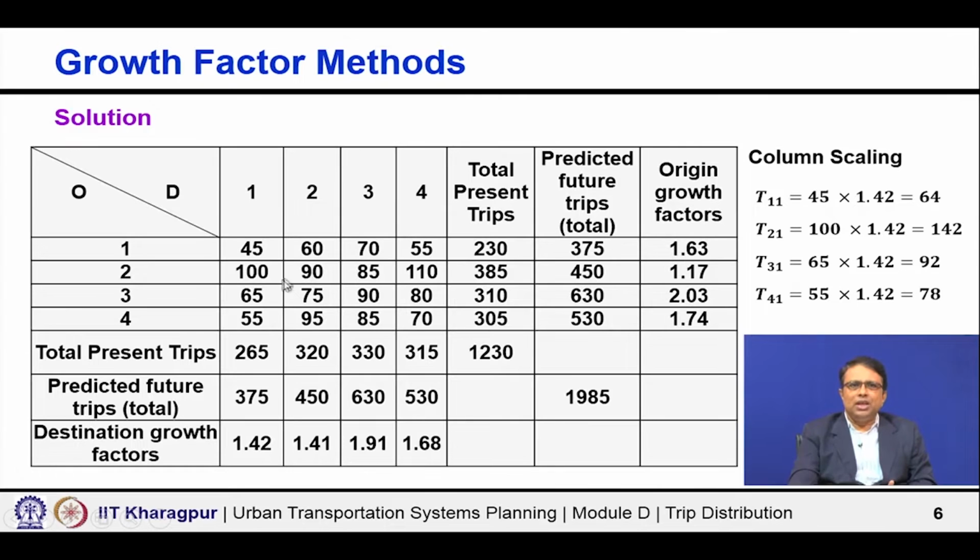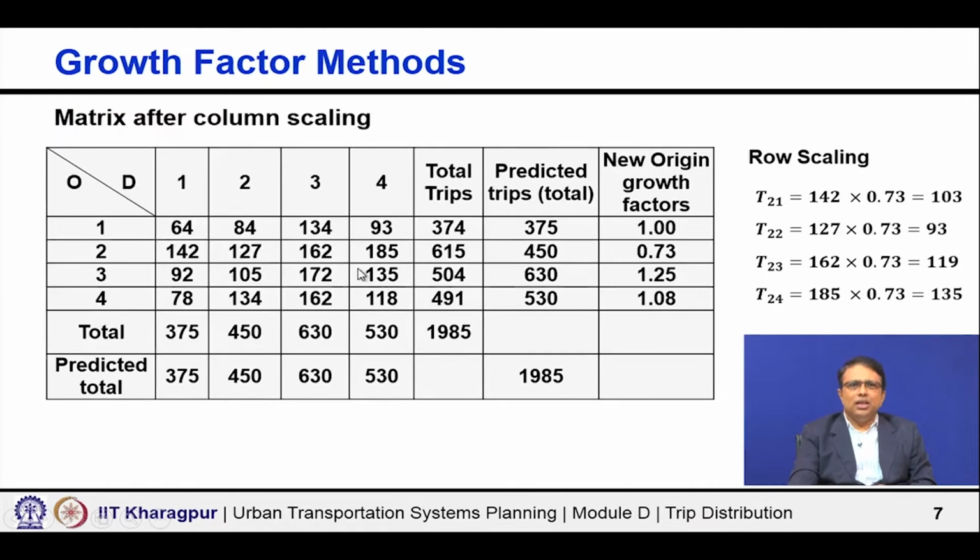What will happen in that case? The column totals for each of zones 1, 2, 3 and 4 will exactly match the target column totals of zones 1, 2, 3 and 4. Let us see that we have done it. Exactly, now my column totals are matching very nicely.